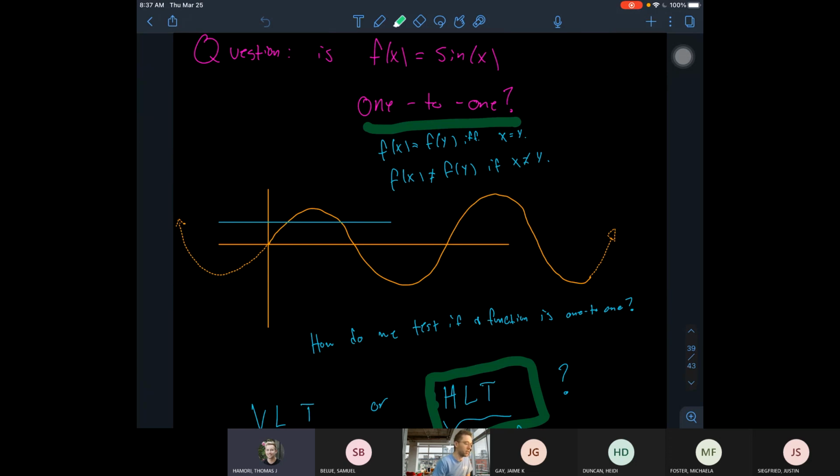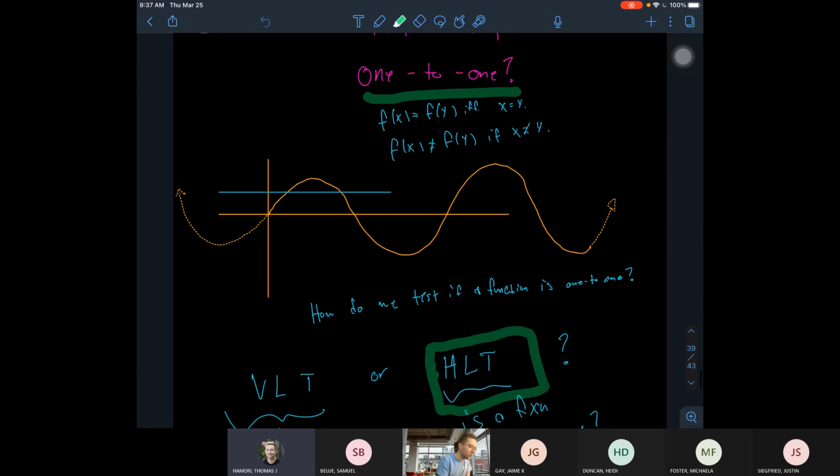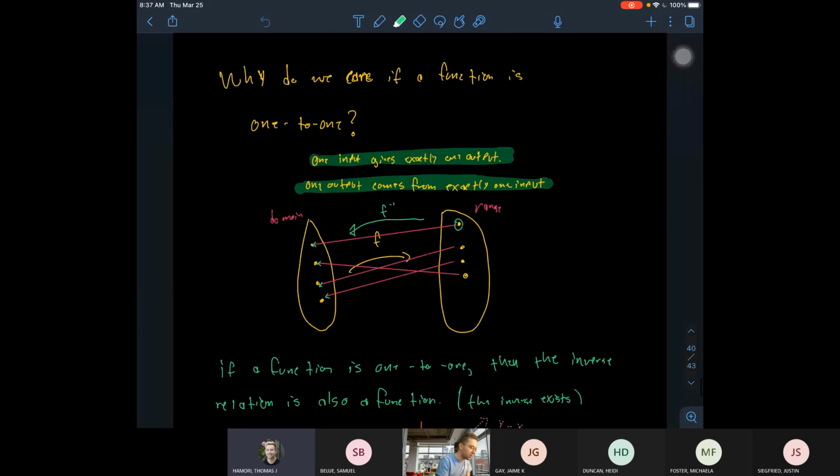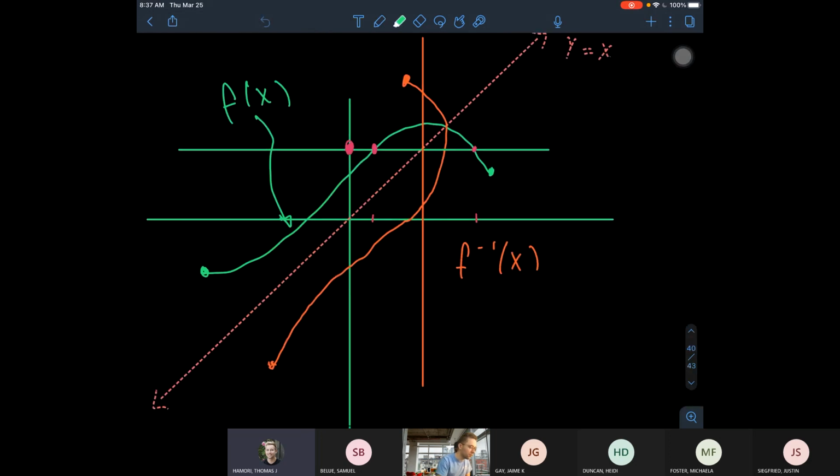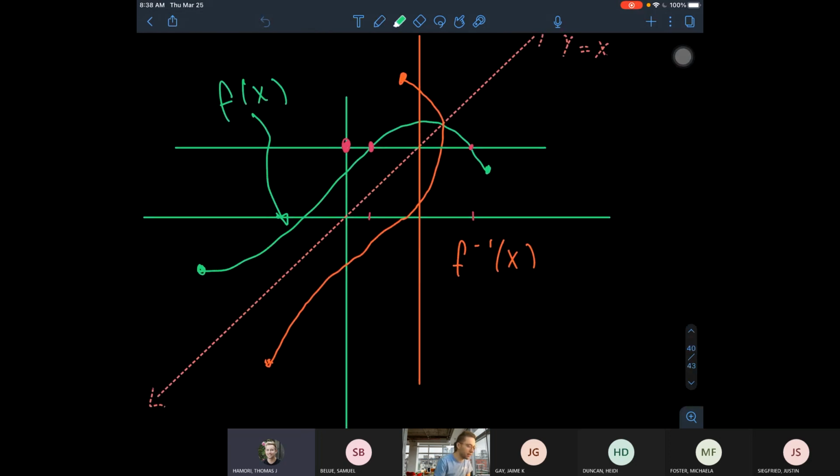And that caused us a problem because 1-to-oneness was a required property for having an inverse. If a function is not 1-to-1, then it fails the horizontal line test, and its inverse will fail the vertical line test, and therefore the inverse is not a function.